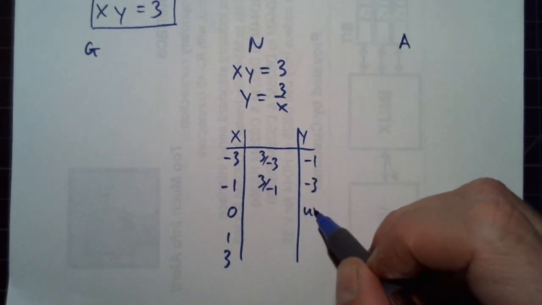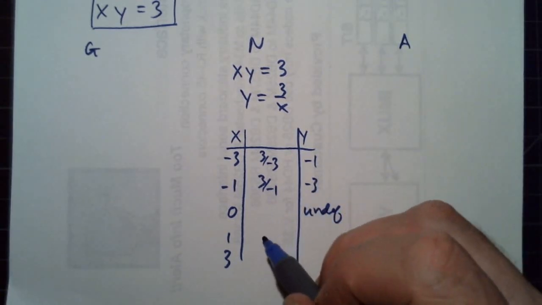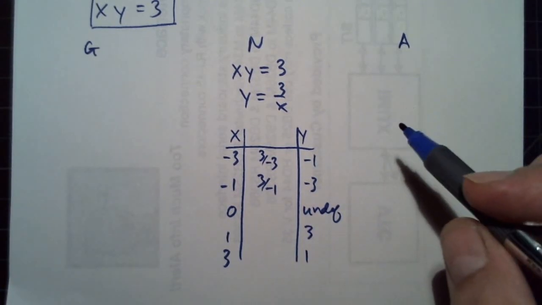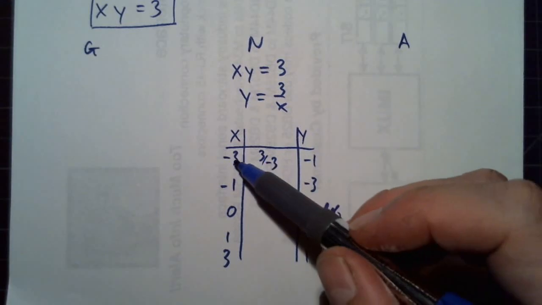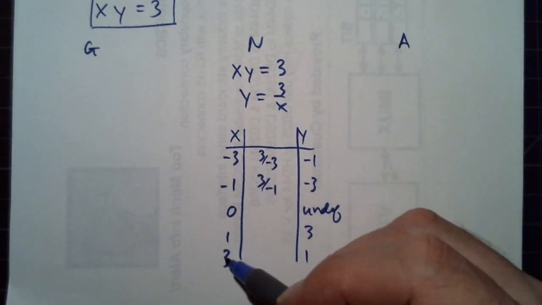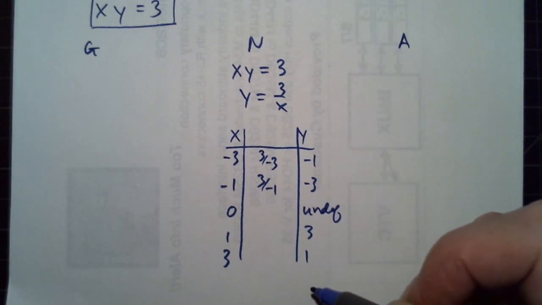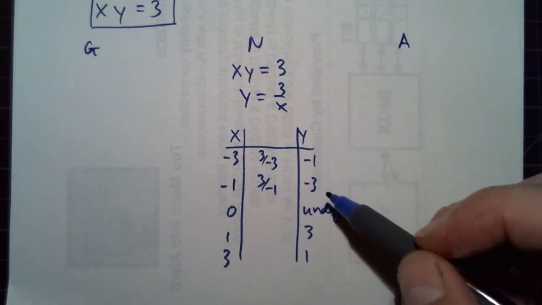This is undefined. 3 divided by 0, 3 divided by 1, 3 divided by 3, and we see we have a negative x, negative y, positive x, positive y.